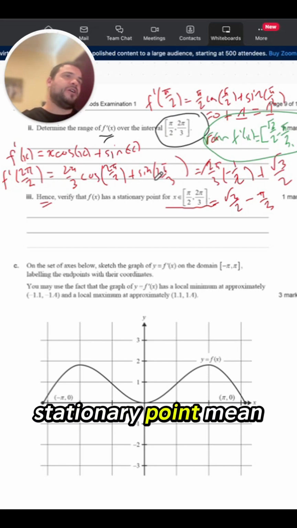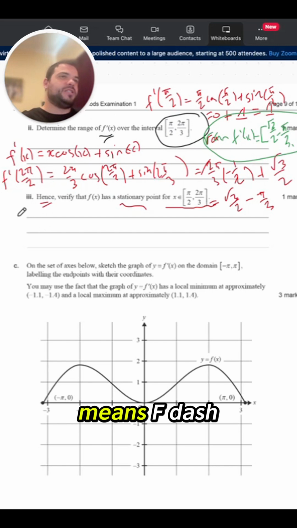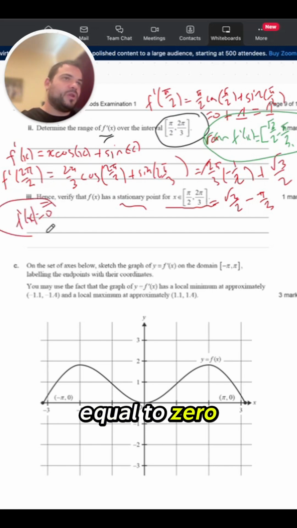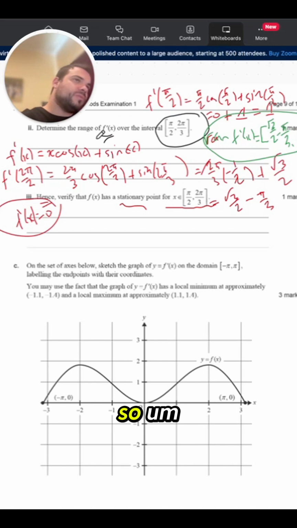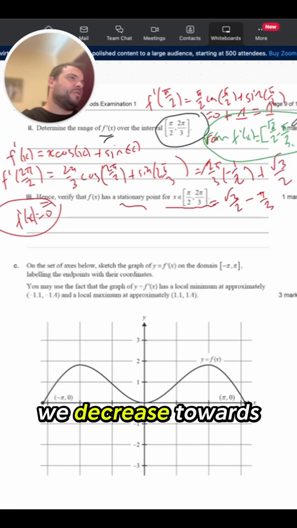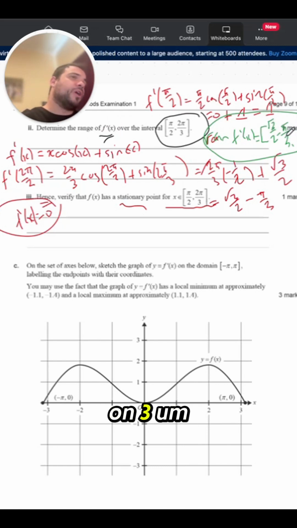What does a stationary point mean? A stationary point means f dash of x is equal to 0. So if we look at the range that we had for pi on 2 to 2 pi on 3, we start off with positive 1, we decrease towards root 3 on 2 minus pi on 3.